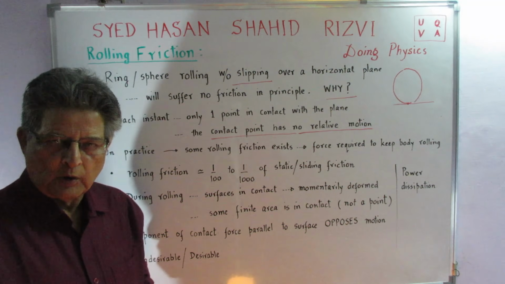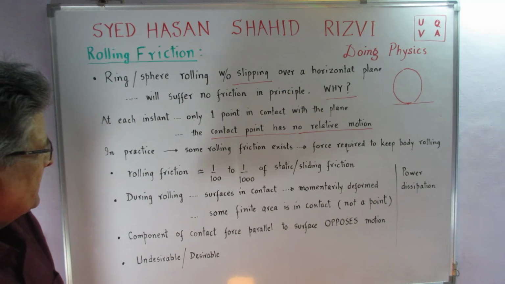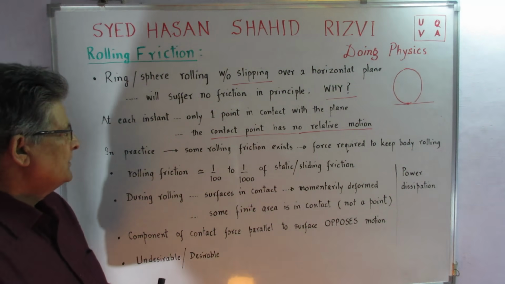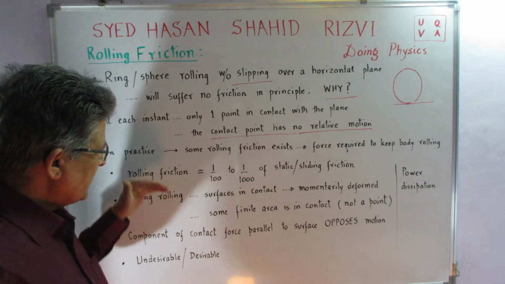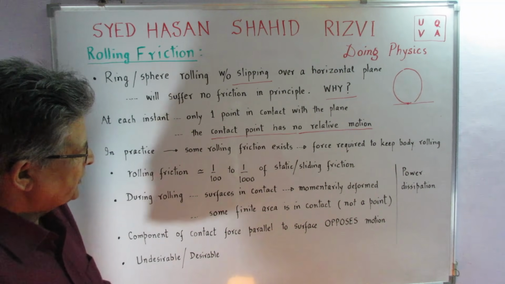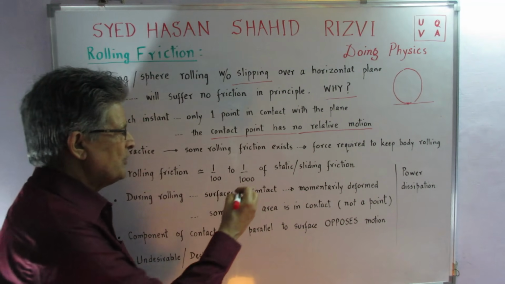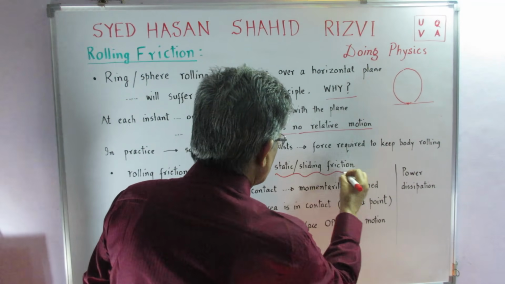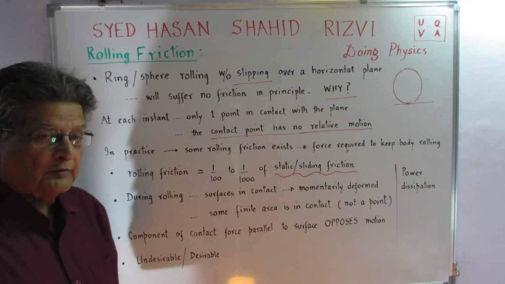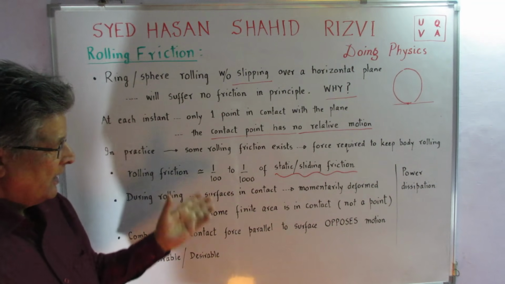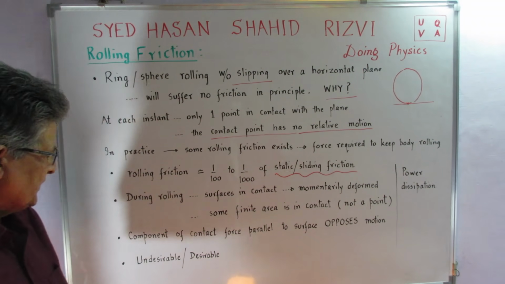Some small force is required to keep the body rolling, and this rolling friction, the extent and value of it, is very small compared to the static or sliding friction that we have. It is 2 to 3 orders of magnitude smaller than the static or sliding friction which exists.